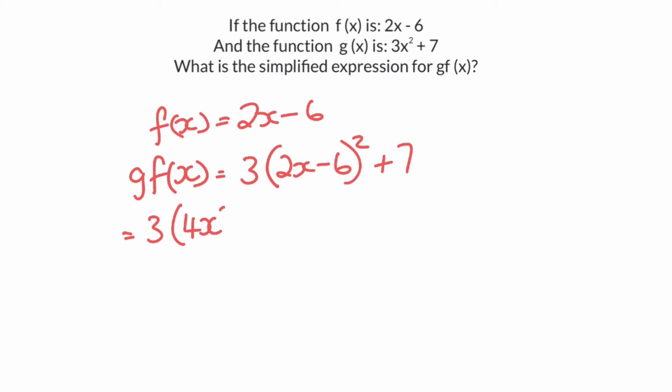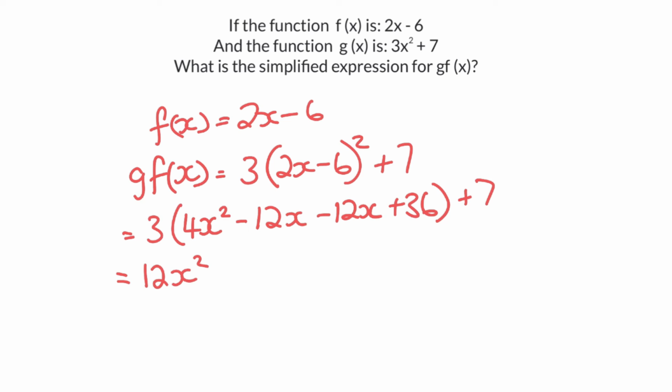So we've got 4x squared minus 12x minus another 12x plus 36, and then add 7 on at the end. So that gives us 12x squared, and then minus 12x is minus 24x, times by 3 is minus 72x, and then 36 times 3 is 108, add on the 7 at the end.